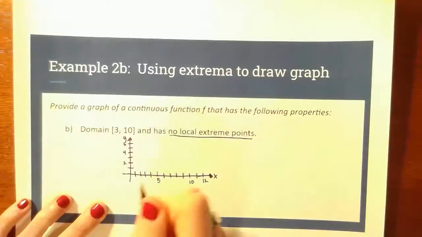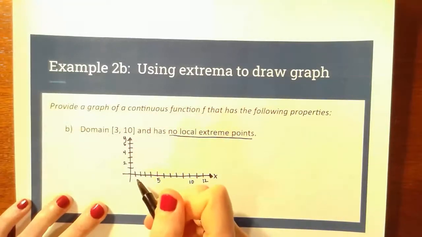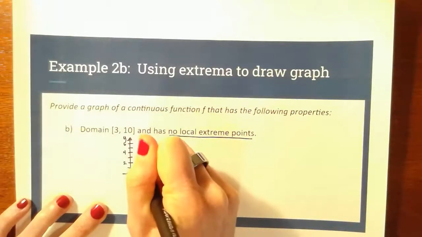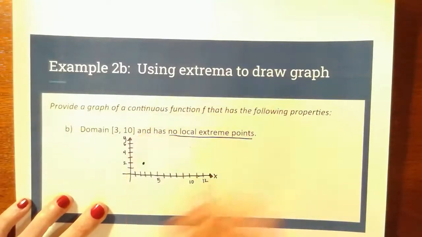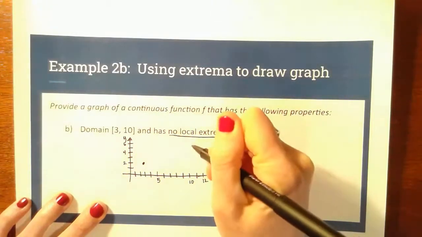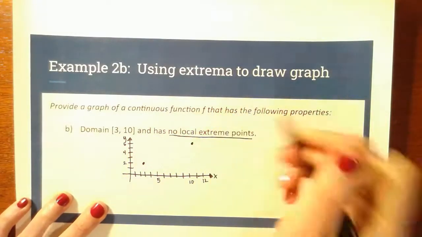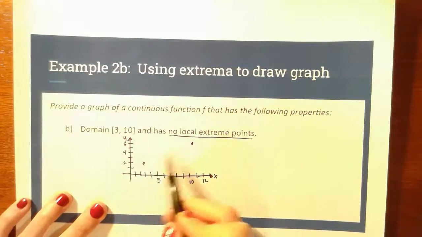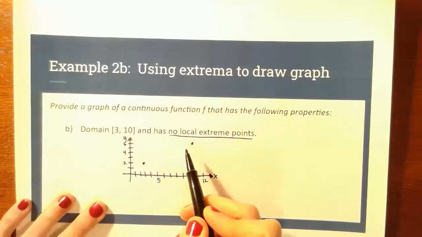So let's go ahead and at x is equal to 3, let's make this be an absolute minimum value, and let's choose this random number. And then at 10, let's just choose some random high point up here. Again, those are just random points. So these guys would become absolute extrema because they're at the end of my graph on that domain that we're studying.